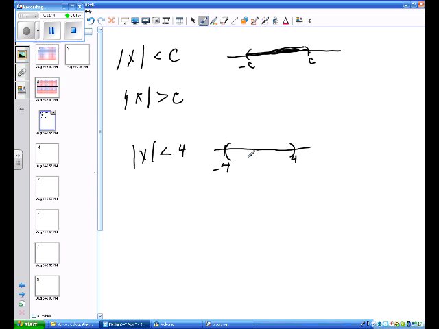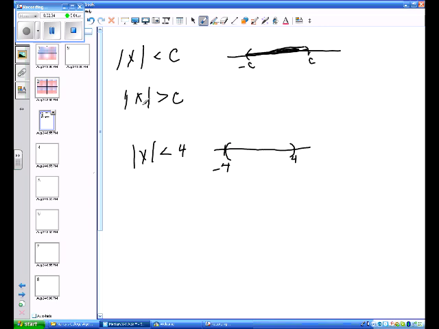A number in that interval is negative 3. The absolute value of negative 3 is 3, and 3 is less than 4. If we talked about positive 2, the absolute value of positive 2 is 2, and that's less than 4. So in between are all the values that are closer to 0 than 4 is.